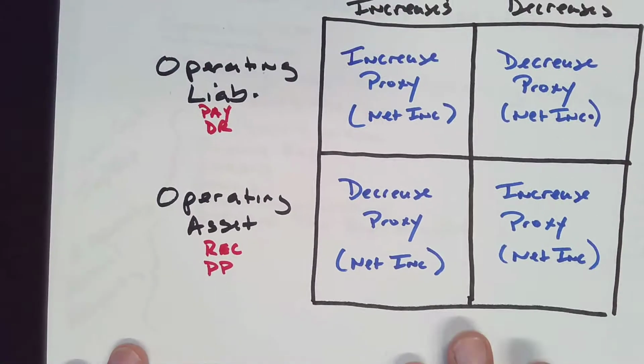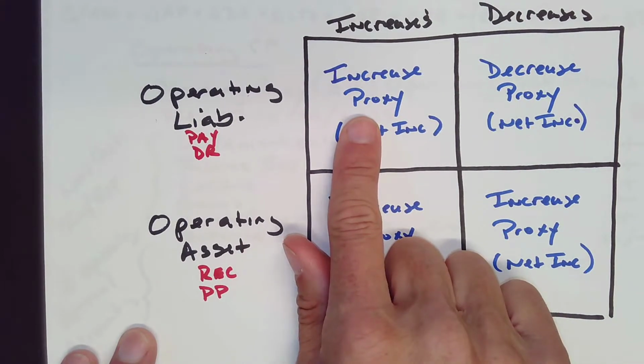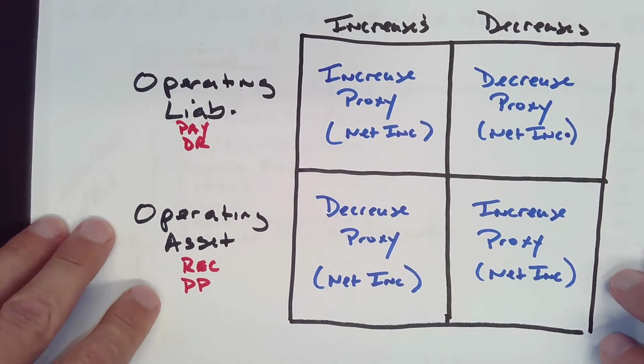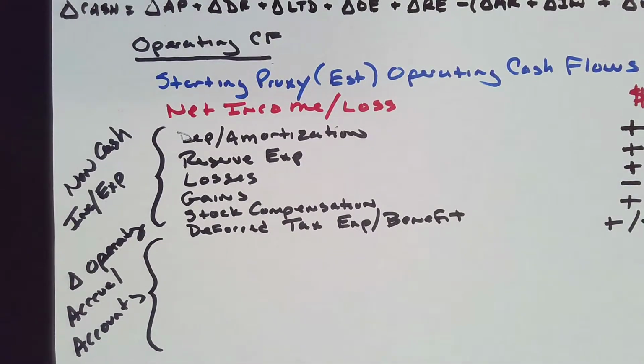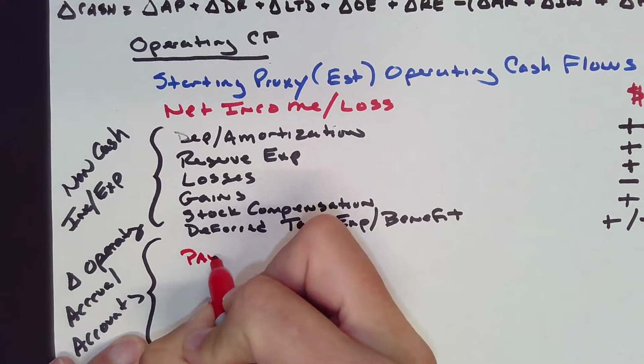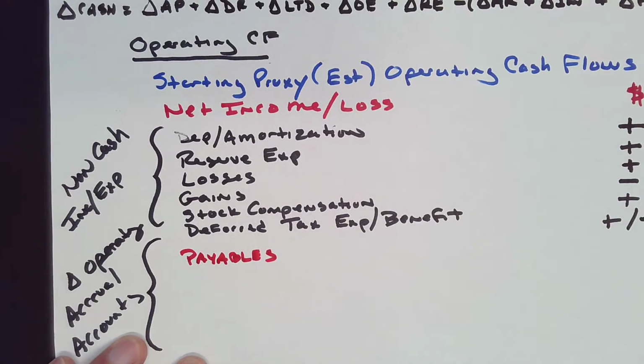So let's start with what happens when we have an operating liability, let's say payables. So we have payables. Whatever the payable is.